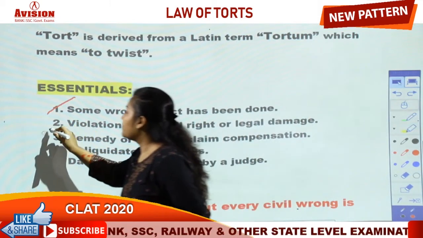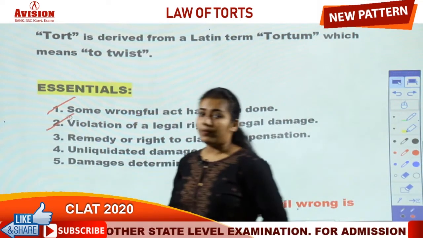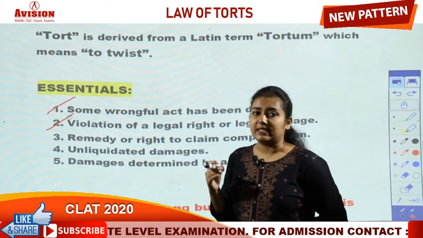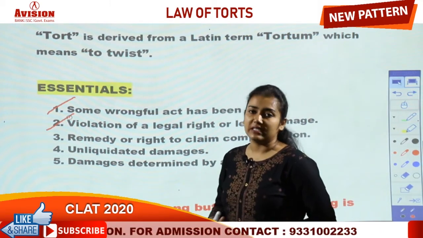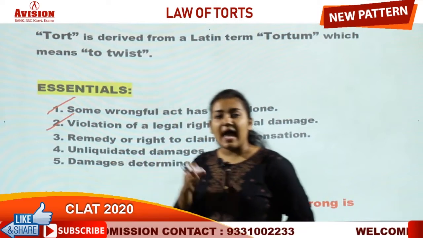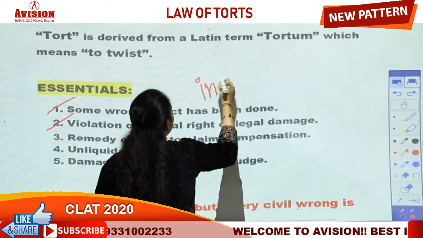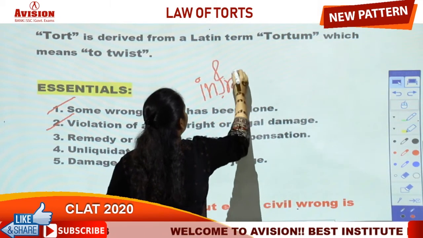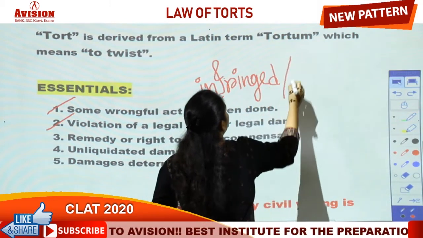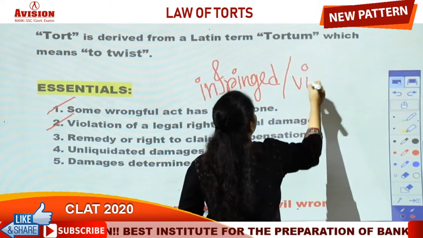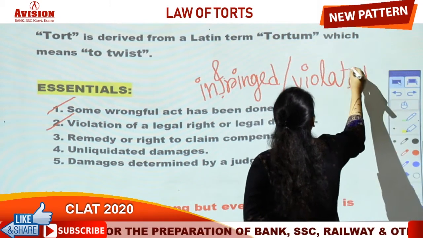Number 2 is violation of a legal right or legal damage. So, by that wrongful act of the defendant, the plaintiff's legal right has been violated. The plaintiff's legal right has been infringed. So, there are two new legal terms, infringed and violated.